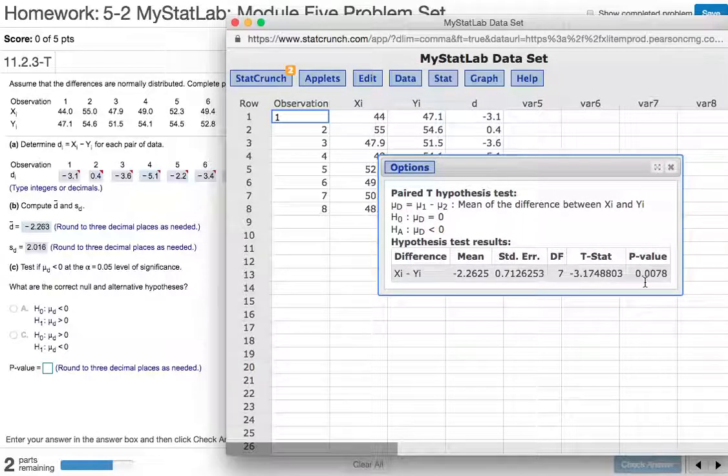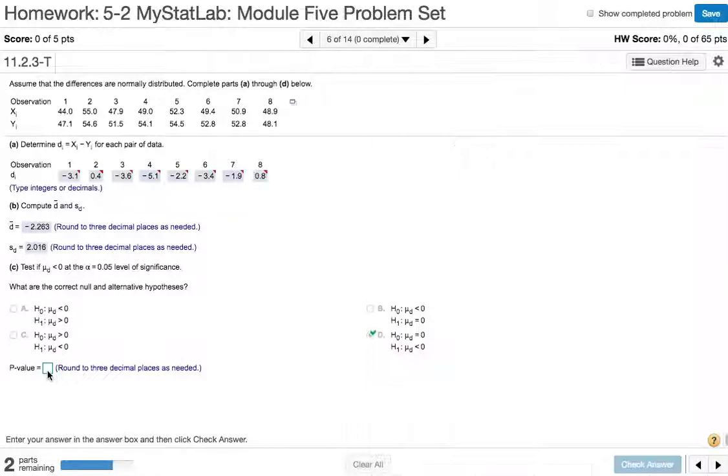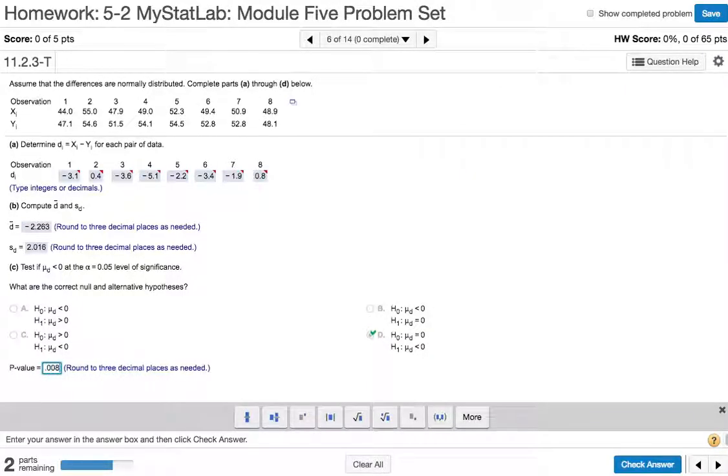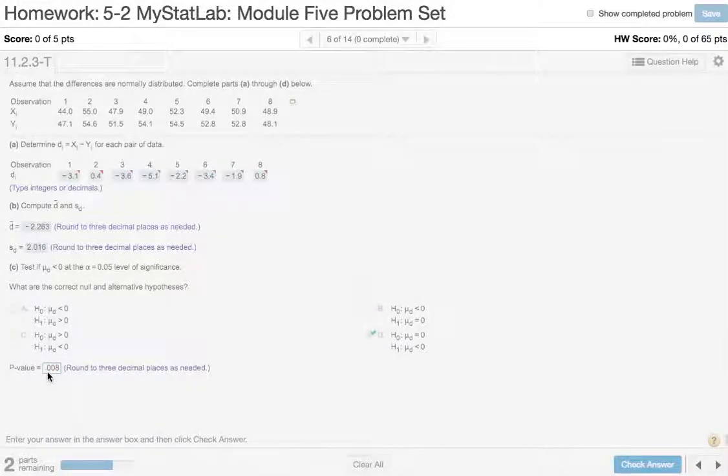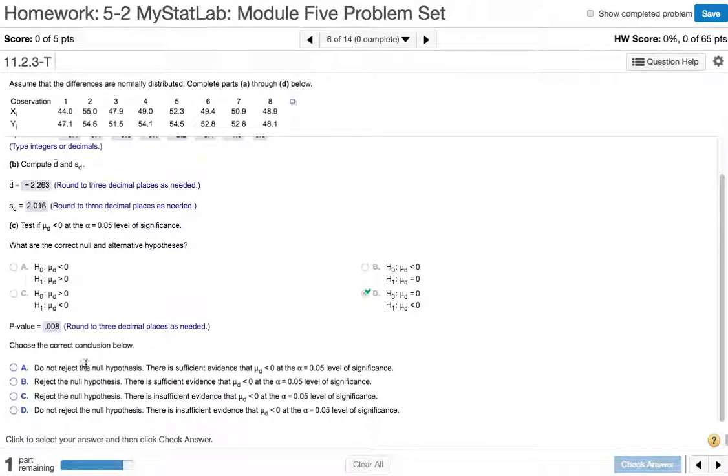And then we've got our p-value, and it says round to 3 decimal places, so that would be 0.008. So let's get that in there and see if we're on the right track. All right, that looks good. And then choose the correct conclusion below. So this is a very small p-value, so it's way out in the tail, and this is less than 0.